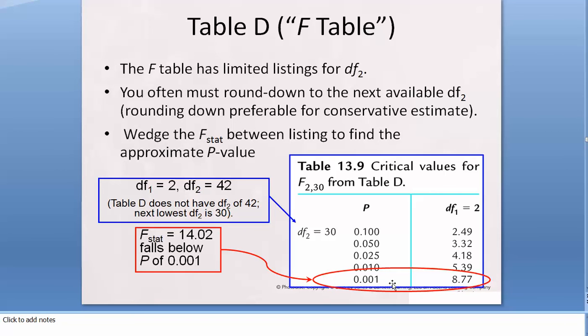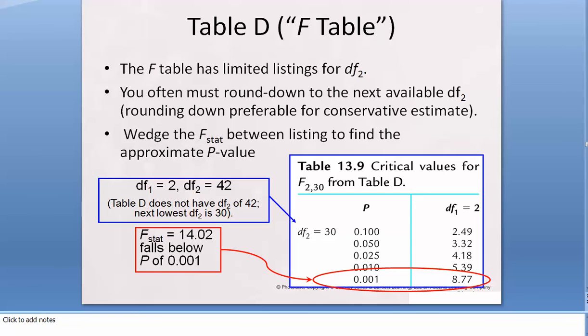Again, the same reason why we reject H null is because p is small. So small p leads us to rejecting H null, which means you are accepting HA. That means there is at least one pair which has its means to be different, right?